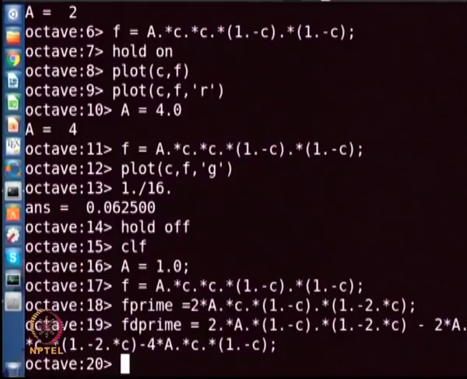So, let us plot these 3 functions. Plot c comma f.